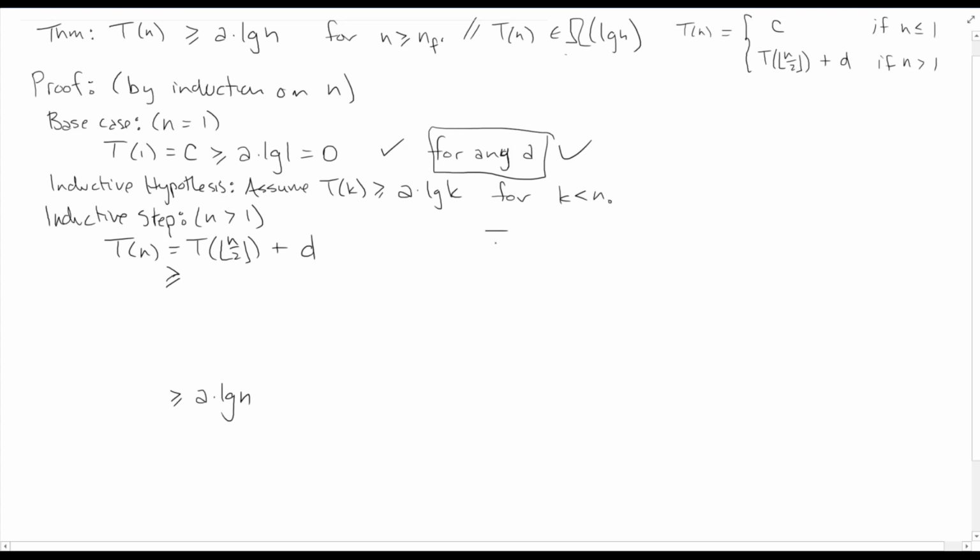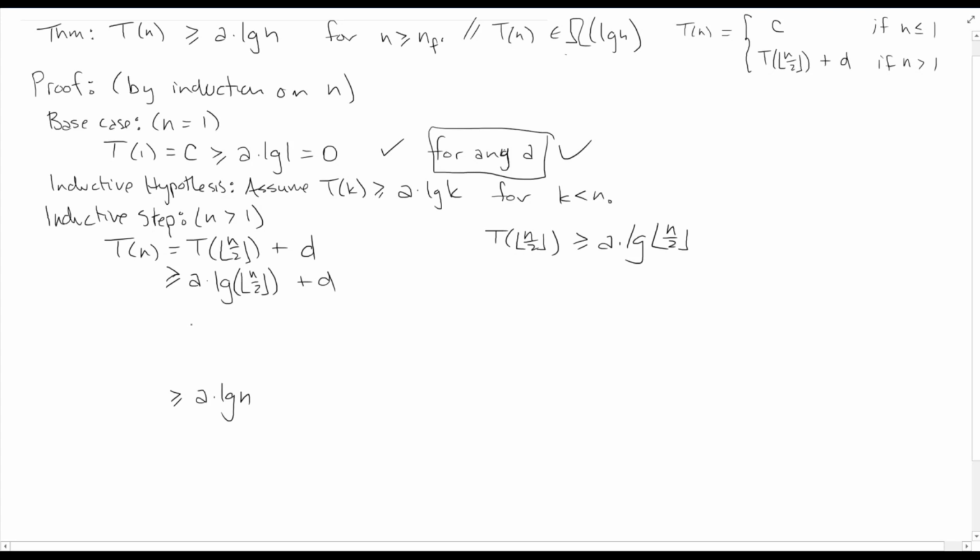If we need to, let's go ahead and write it down in terms of our new variable. T of the floor of n over 2 must be greater than or equal to a times log of the floor of n over 2. Okay, plugging that back in here, we get a times the log of the floor of n over 2 plus d. And now things are going to get a little bit trickier for us.